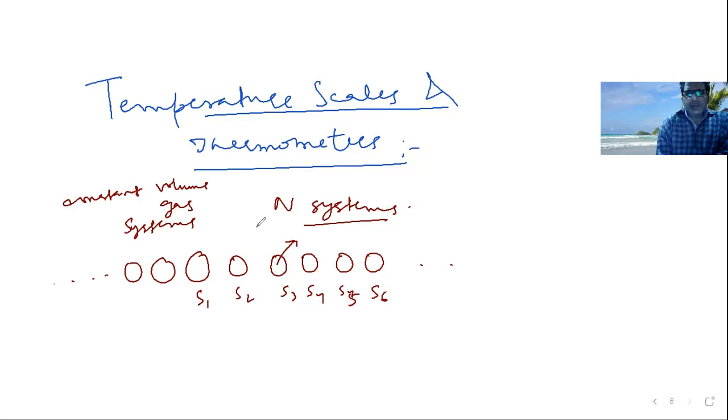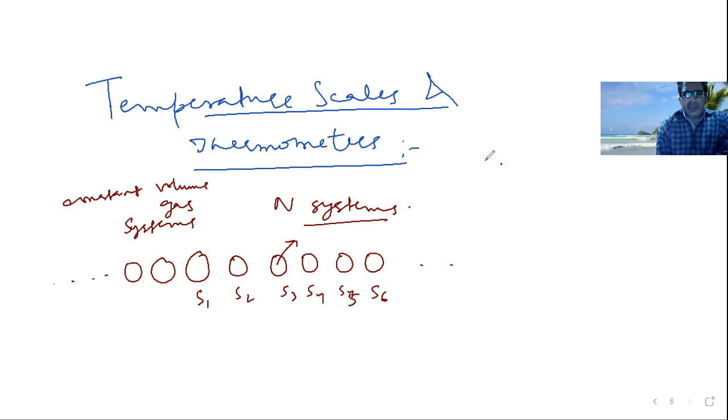This can be done using the idea already discussed that we bring systems in thermal contact with each other. If their macroscopic variables don't change, they are already at the same temperature, so they will have the same place in this line. Now if their macroscopic variables change, then they were at different temperatures.